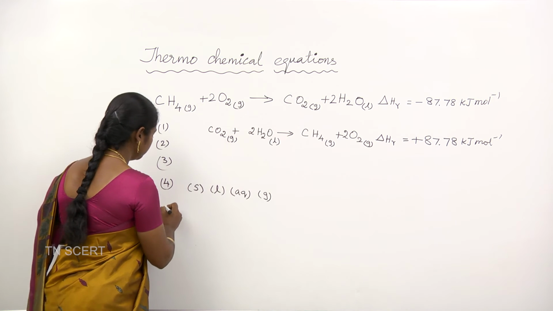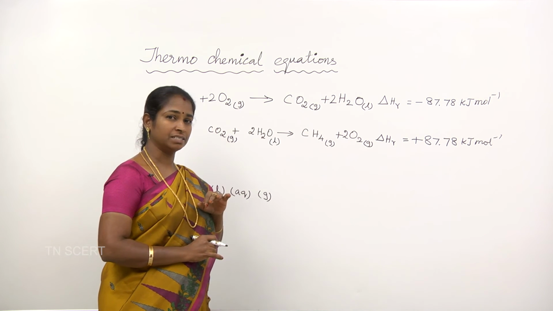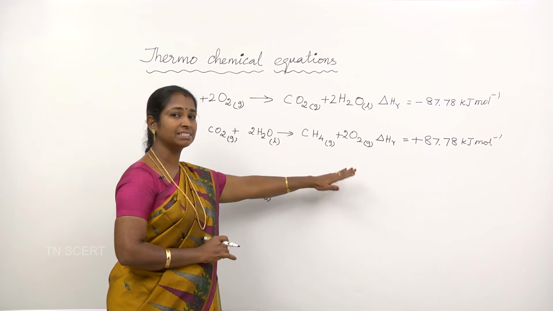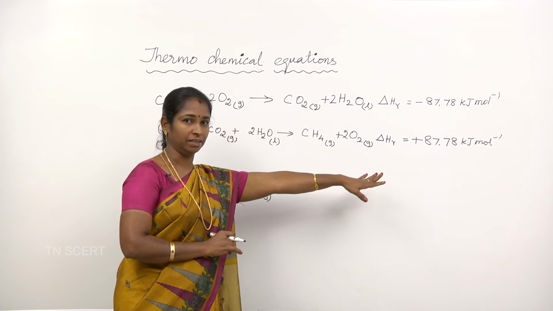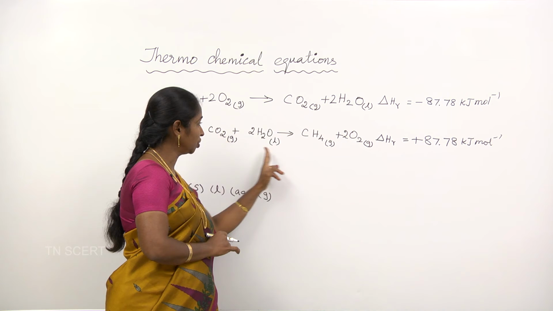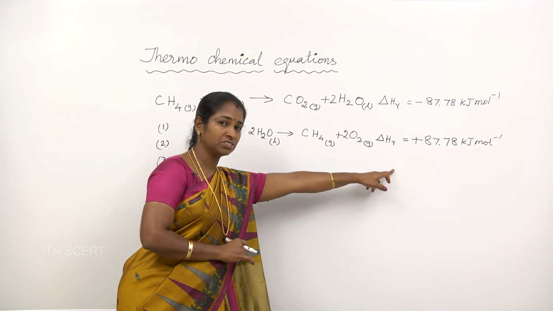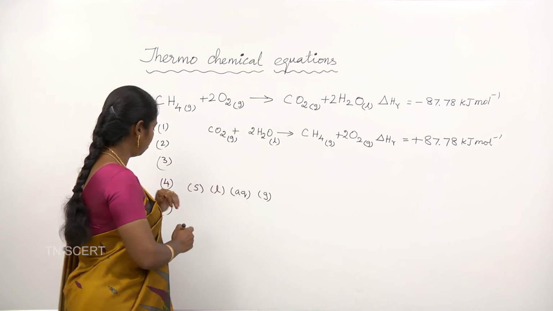Then next point, for any calculation purpose, if the whole equation is multiplied by some number, the delta H value also should be multiplied. If the equation is multiplied throughout by a number, the delta H value also should be multiplied by the same number.